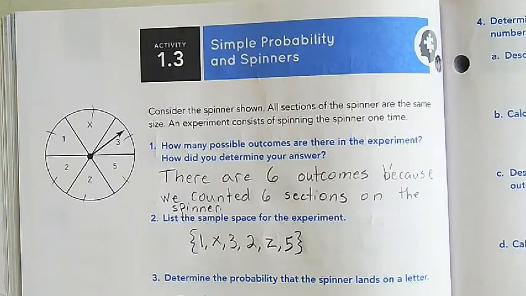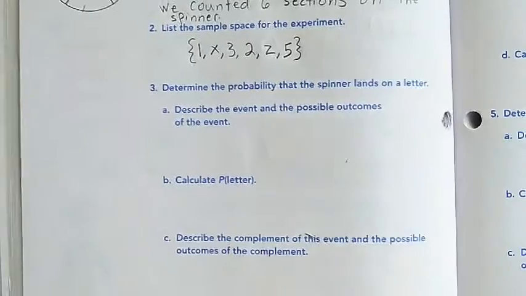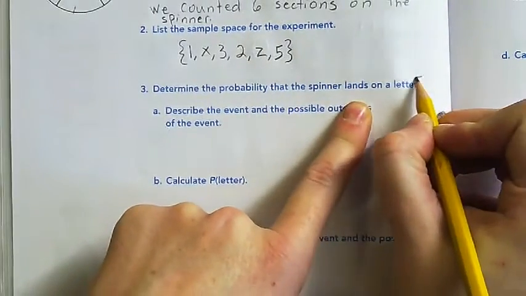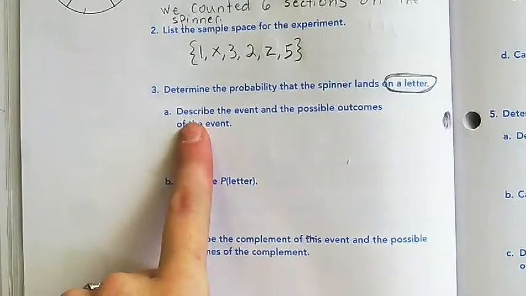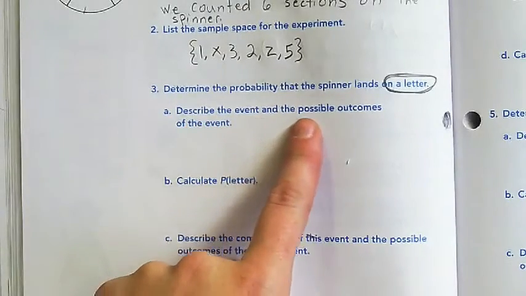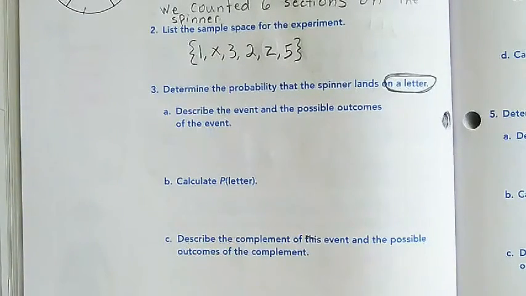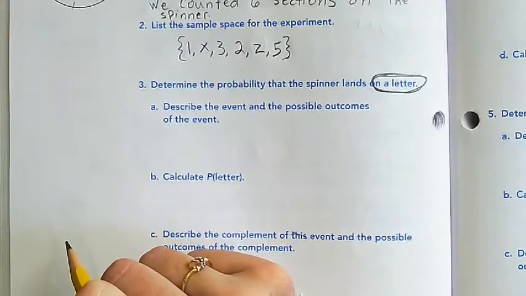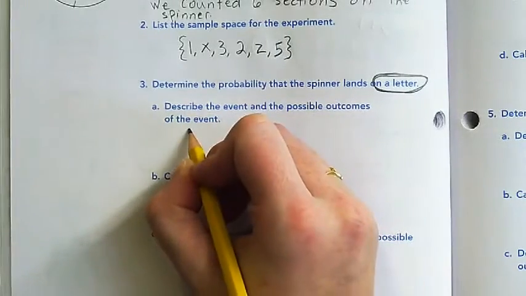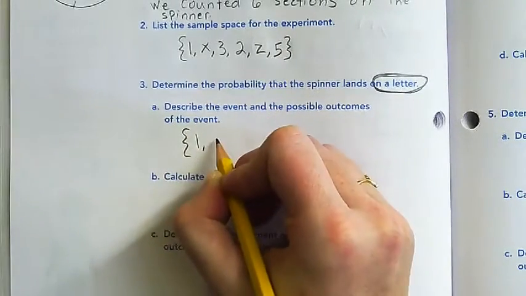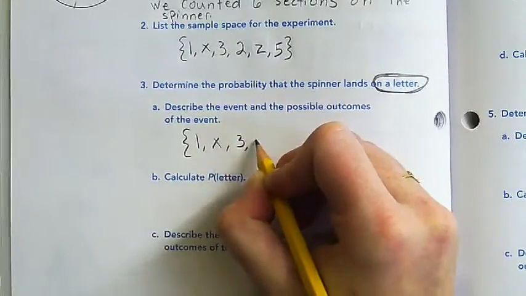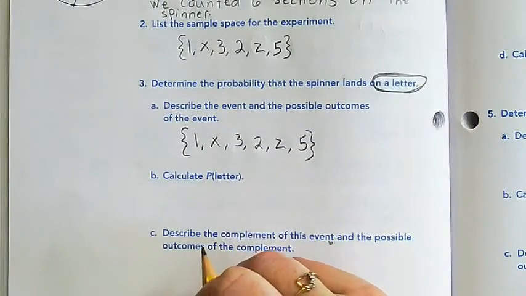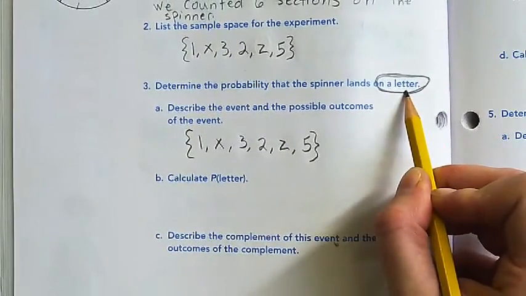So we're going to do number 3 together, and then we'll do a little activity with number 4 and 5. So number 3, determine the probability that the spinner lands on a letter. On A, describe the event and the possible outcomes for the event. So when it's talking about describing the event and determining the outcomes, we're going to list out the sample space again and circle the letters.